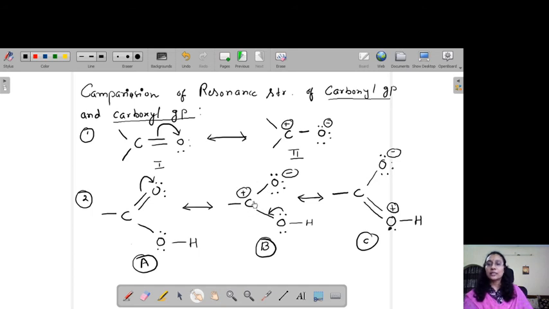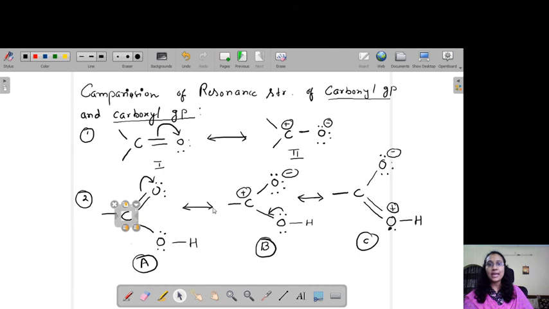Therefore, structure B is less stable than structure C. In other words, the 2 important resonance structures of the carboxyl group are structure A and structure C. In both structure A and structure C, the carboxyl carbon is electrically neutral.